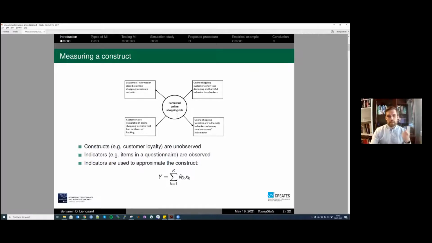Using partial least squares structural equation modeling, we will get a set of weights denoted by W hat down here, and we use these weights to construct an approximation to the unobserved construct, which I call Y. And this approximation is made as a weighted sum of the different indicators.